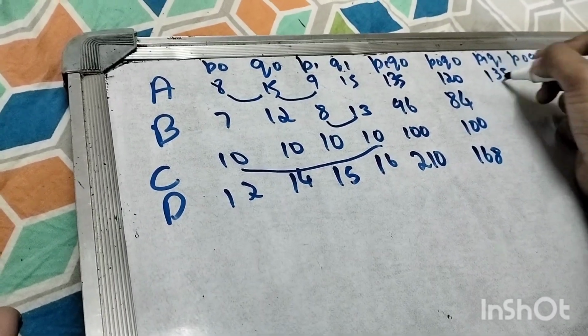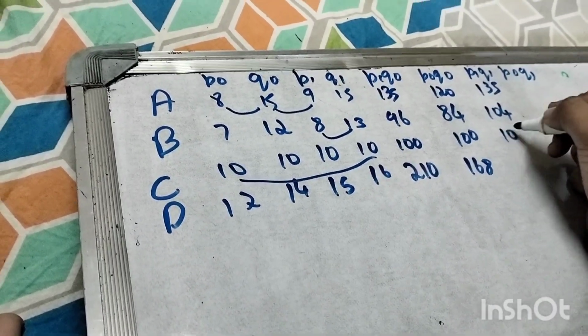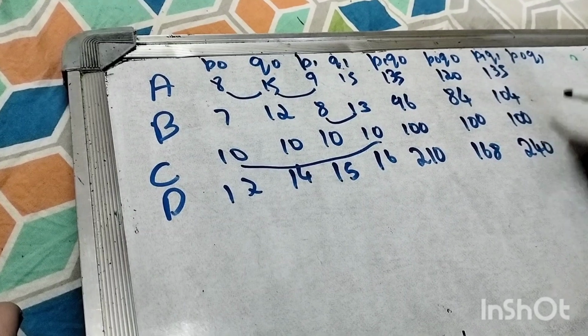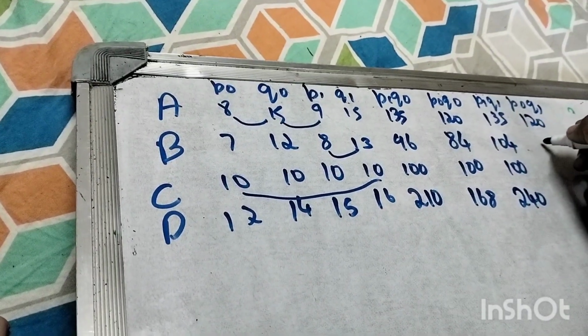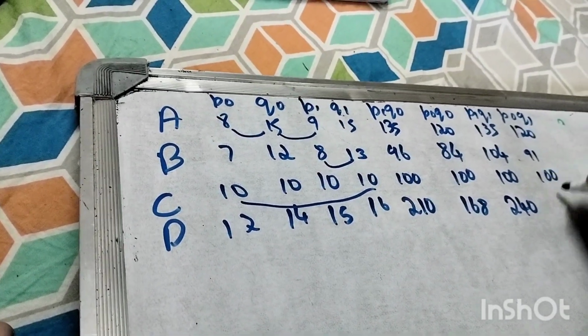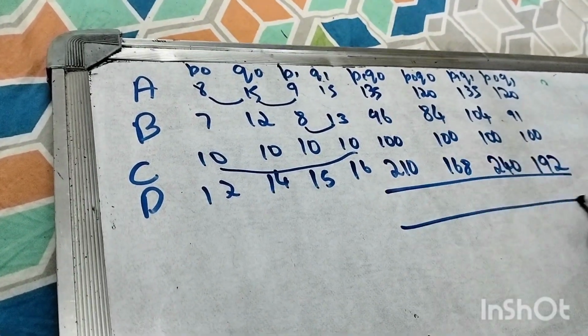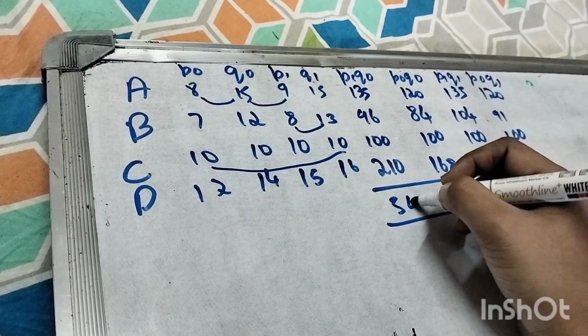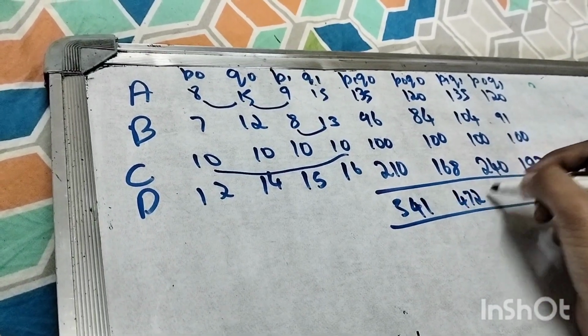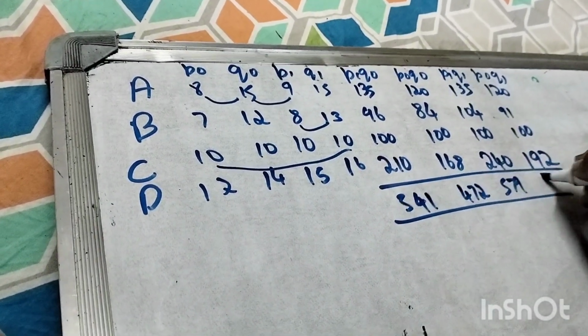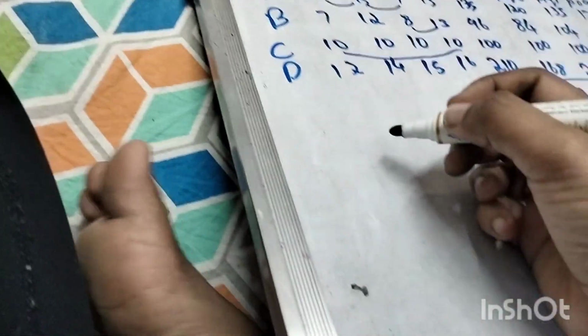P1 Q1: 135, 104, 100, 240. P0 Q1 is 120, 91, 100 and 192. I'll add everything up and come back. The totals are 541, 472, 579, 503.